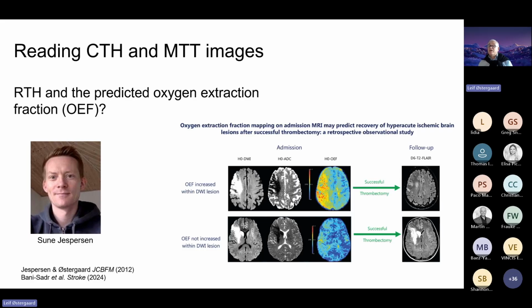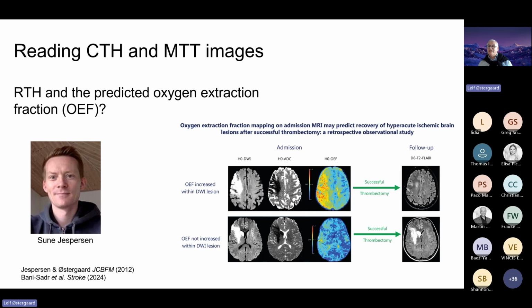And what is really exciting here is that I presented, as a kind of truth in the beginning, that if you have a DWI lesion, then tissue is dead, irreversibly dead.